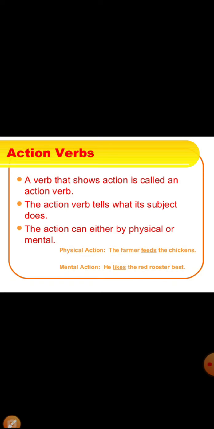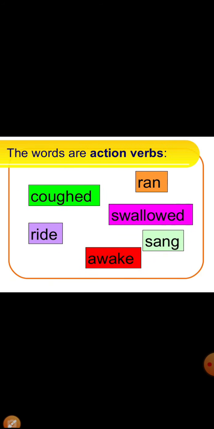Action verb shows action. The action verb tells what the subject is doing. Action can either be physical or mental. Physical action is: the farmer feeds the chicken, and mental action is: he likes the red rooster best.